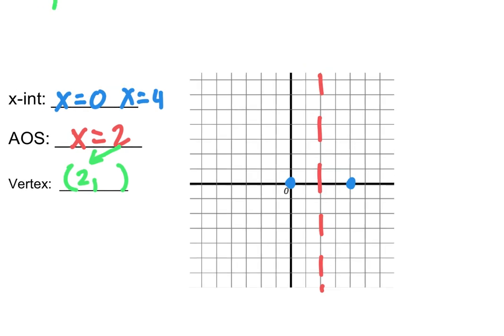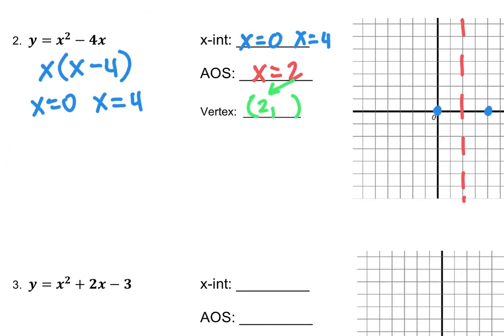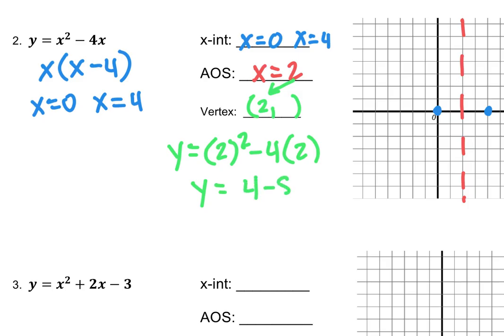Okay, let's plug in 2. So y equals, plug in that 2. So 2 squared minus 4 times 2. So we have y equals 4 minus 8. So y equals negative 4.